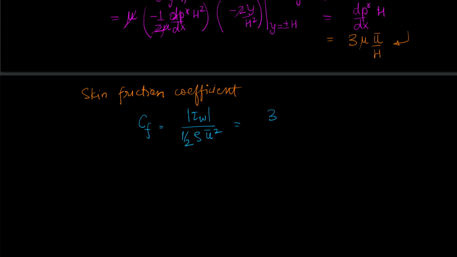So this becomes 3 mu u bar upon h times 1 upon half rho u bar square. So this 2 goes up, 6 mu, and one of these u bars cancels out. So it is rho u bar times h.